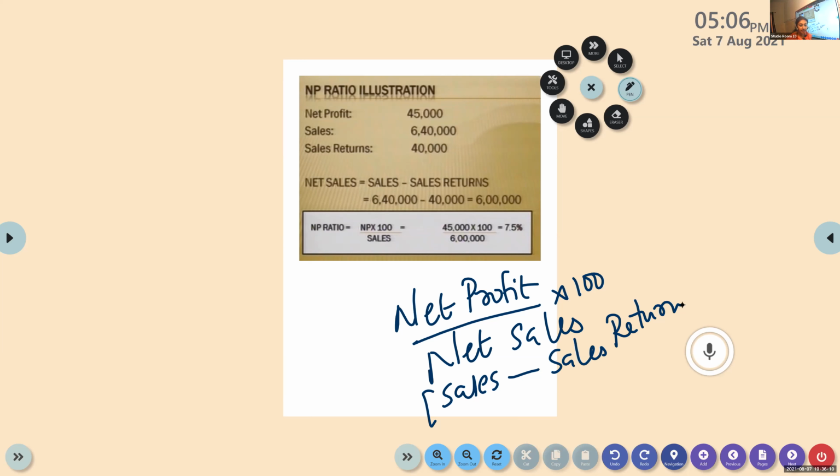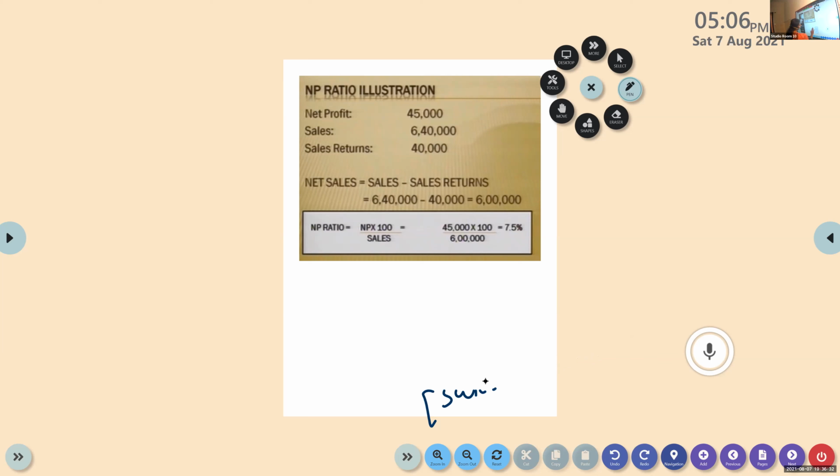When it is a net loss, it is also possible to find out the ratio, and then it becomes the net loss ratio. The name changes to net loss ratio, and it is not net profit ratio. Okay. If the firm is making a net loss. Please listen to all these points. These are all expected to be asked as MCQ.